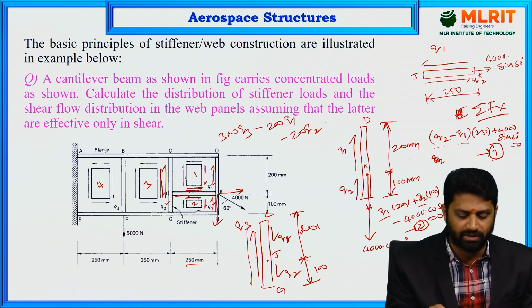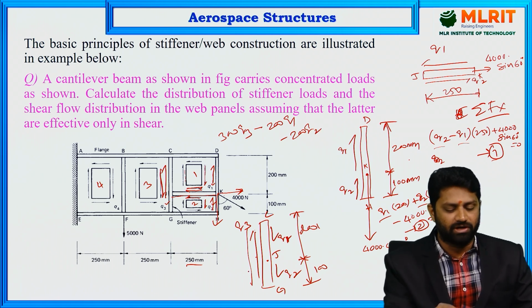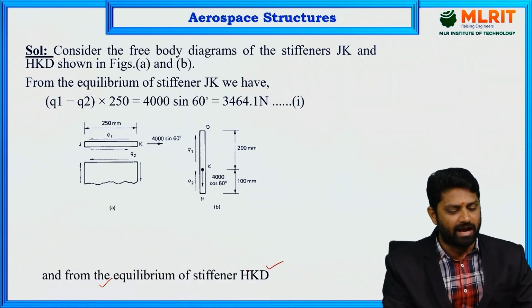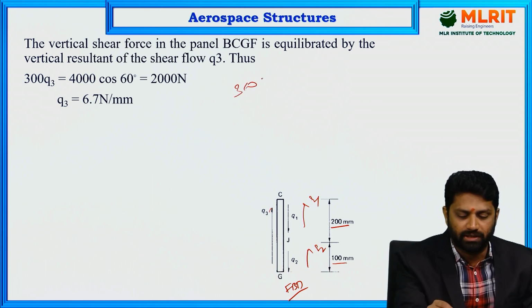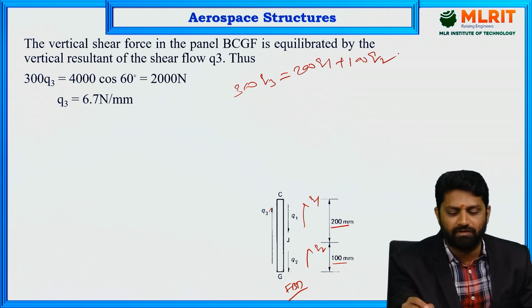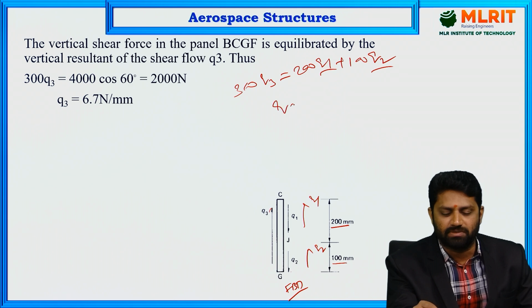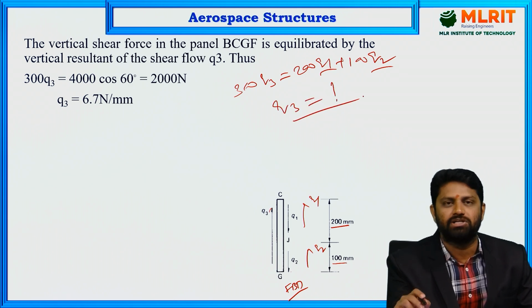Since this is the vertical stiffener, you can even write 300 Q3 equals 200 Q1 plus 100 Q2. You already know the values of Q1 and Q2, so you can substitute here and get the shear flow for Q3.